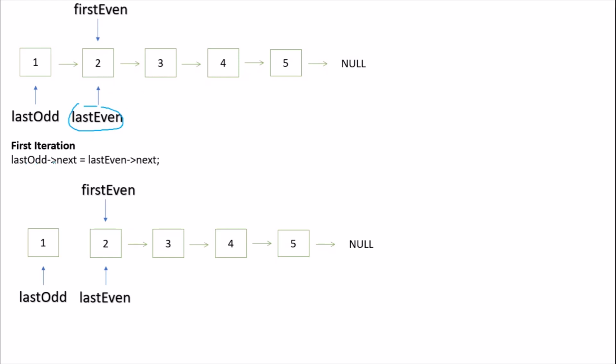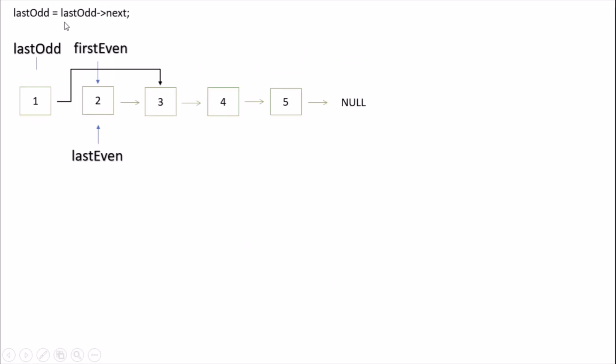So now the last odd's next, which is 1, was pointing to 2, and now it will point to 3. So it is now pointing to 3. The next statement is that we have to update our last odd, since we already processed node 3, and this is now the last odd node which we have processed.